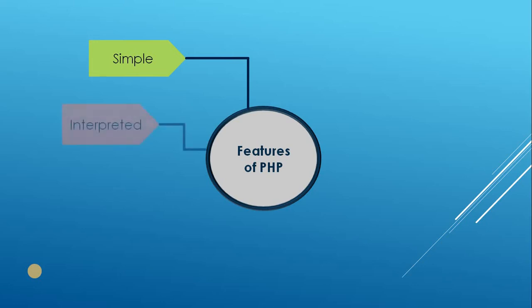Next, PHP is an interpreted language. Now, by interpretation, we mean that when we are writing a PHP code, one statement is taken, it is converted. Let's take for example that I don't know German and there is a code which is written in German.